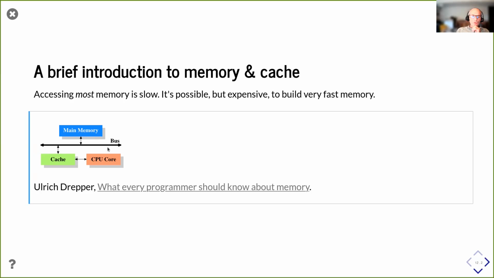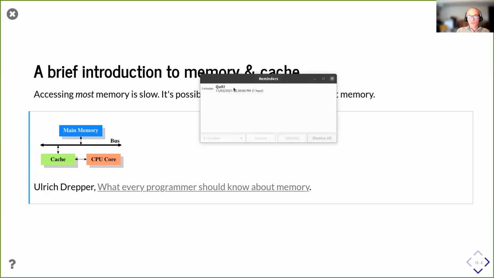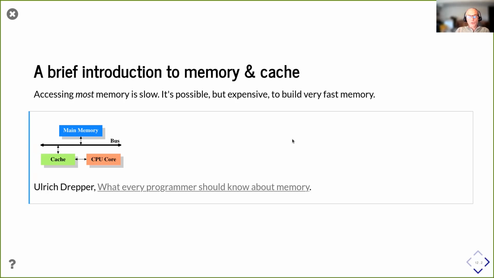Now, this is the most trivial illustration of what this looks like. In reality, there are several different kinds of cache, the so-called L1, L2, L3 cache, some of which you may have seen on specs of CPUs. But those are essentially just variants on this, where the different levels of cache have different trade-offs between cost, performance, and capacity.